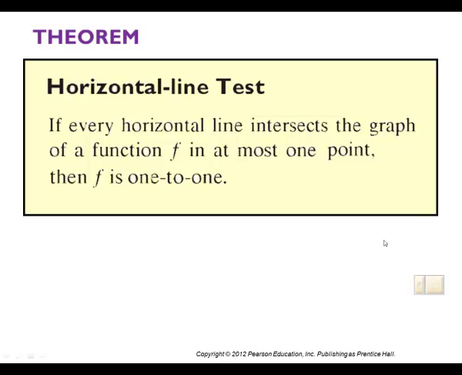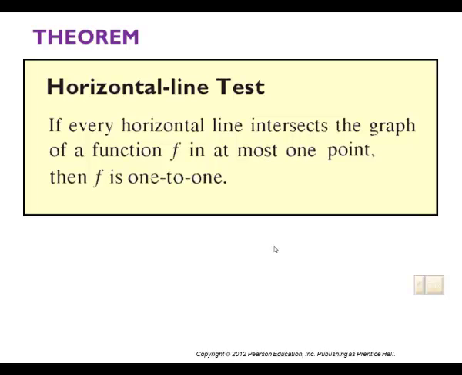Okay, so one way you can tell graphically if a function is one-to-one. Now remember, to test if there's a function graphically, we use the vertical line test. But to test if it's one-to-one, first of all, we have to assume that it is a function.